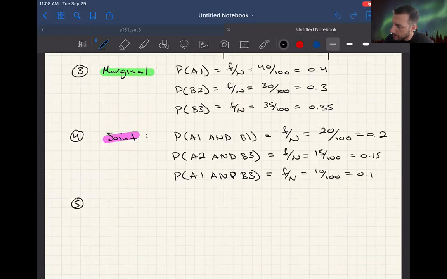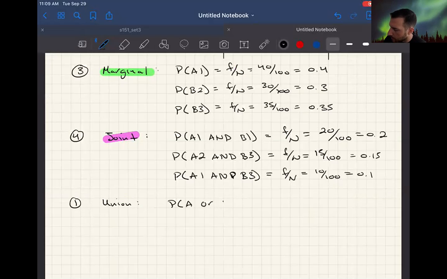Okay, now let's turn back to the first rule, which is union. Okay, so the union is defined in the context of a contingency table. We can almost always think of the general rule for a union as being the probability of A or B is equal to the probability of A plus the probability of B minus the probability of their intersection.